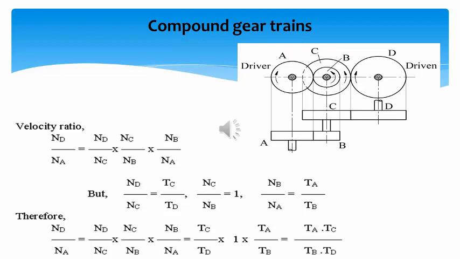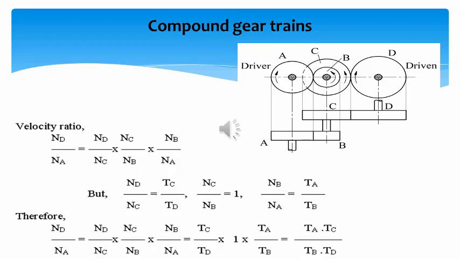For the compound gear train, we can get the derivation for velocity ratio. Nd by Na is equal to Nd by Nc into Nc by Nb into Nb by Na. Now putting the values, Nd by Nc is equal to Tc by Td and Nc by Nb is equal to 1. We get Nb by Na is equal to Ta by Tb.